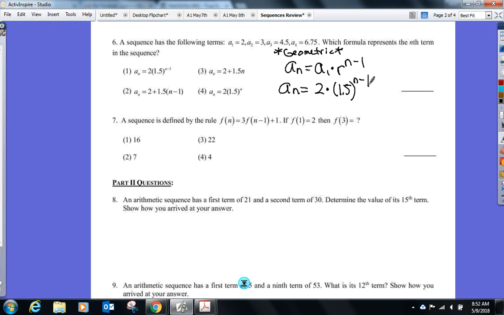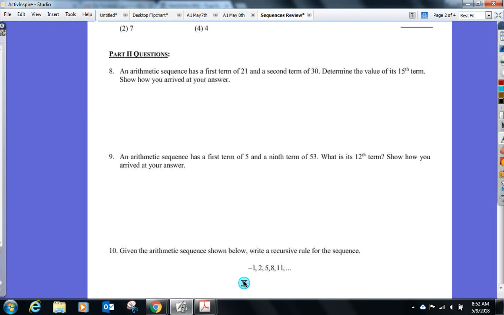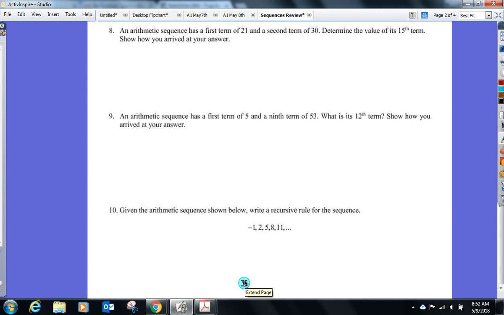Okay, we've got a tough one here on number 9. I'm going to need a couple studs to do number 9 with me. I give you the 1st and the 9th term, but then I want the 12th. What type of sequence am I working with? Arithmetic.